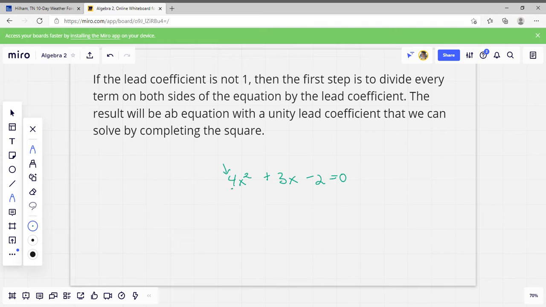It's this 4 right here. We're going to have to divide every term by that lead coefficient. Okay, those cancel and we'll get x squared plus 3/4 x minus 1/2 equals 0. And now we have a unity lead because it's just a 1 in front of that x squared.